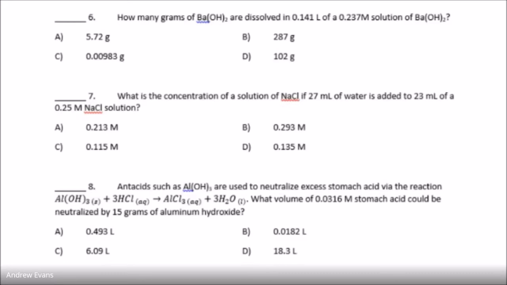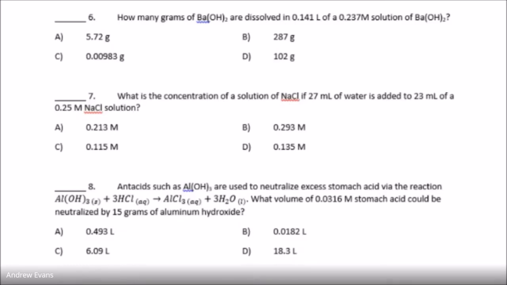You have to go 15 grams of aluminum hydroxide to moles. We need to get to moles of HCl. And we need to then use the moles of HCl to find the volume of HCl.